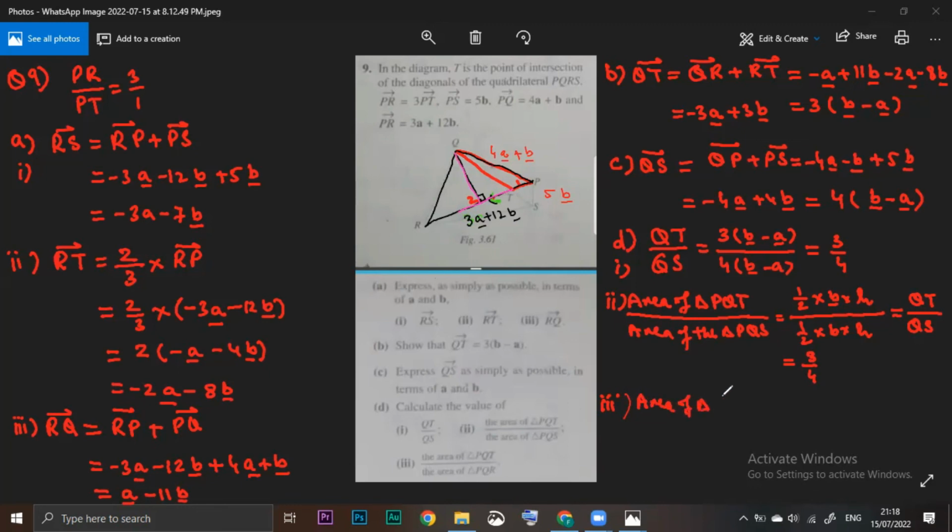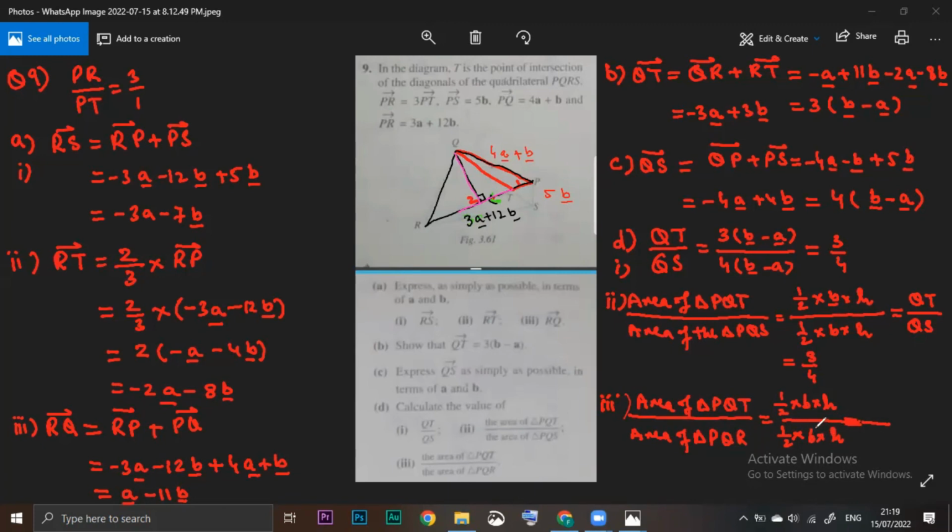Area of triangle PQT divided by area of triangle PQR is equal to half into base into height over half into base into height, and this is equal to, we will cancel out half with half and height with height.